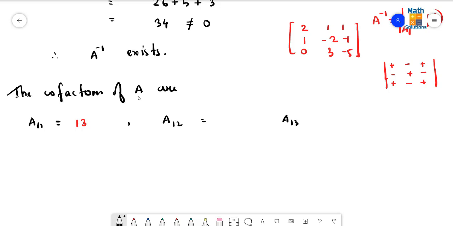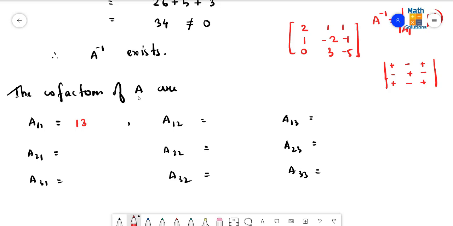A13, A21, A22, A23, then A31, then A32, then A33. So let us find out the values. This is 13.